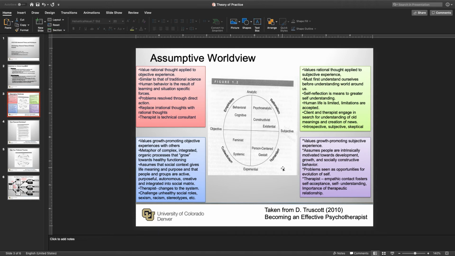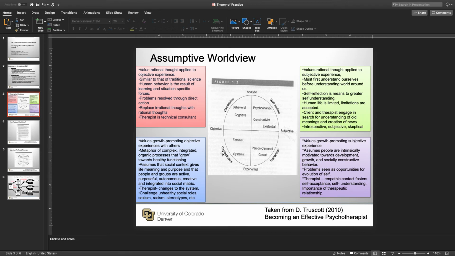Well, if you look at that, those two theories are diametrically opposed in terms of their worldview. Cognitive behavioral is much more empiricist, the idea of irrational beliefs, and person-centered is much more experiential, the idea that we believe what we believe based on our experiences, and that they may or may not be irrational. They may be quite rational.